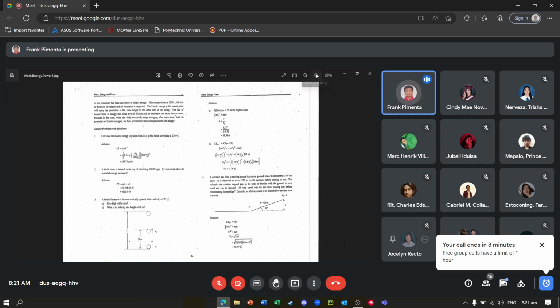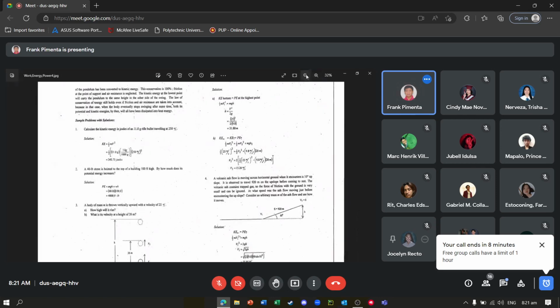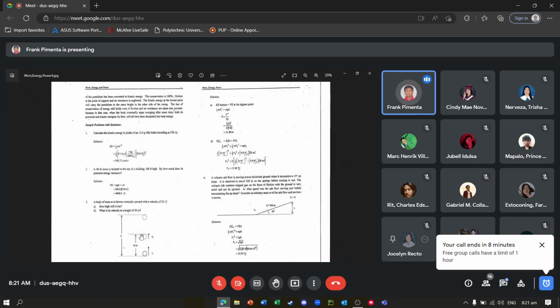So two forms of energy are present on this position. Getting their sum, the total energy here is potential energy at point 2 plus kinetic energy at point 2, and you have to equate it to the energy here or there, because energy is conserved.